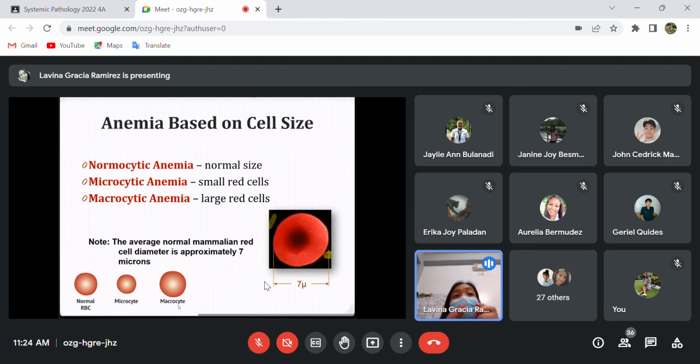So we have normocytic anemia. But the microcytic and macrocytic are different because they affect the size and shape of the cell.